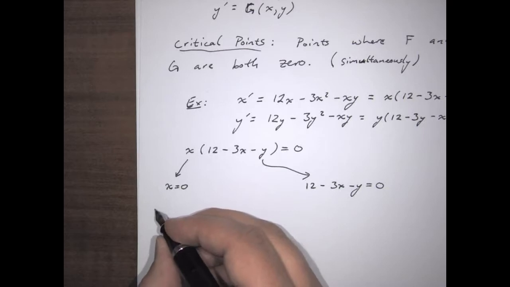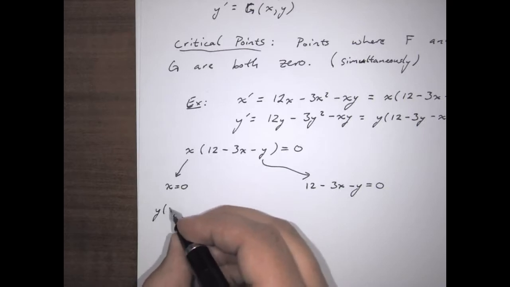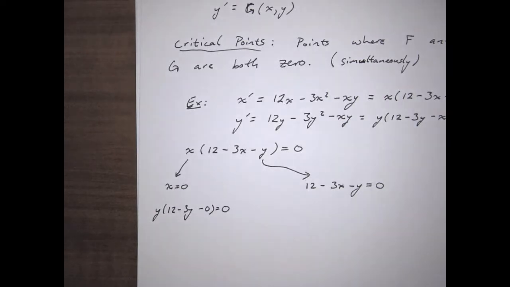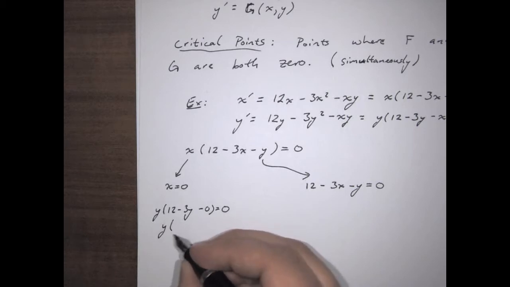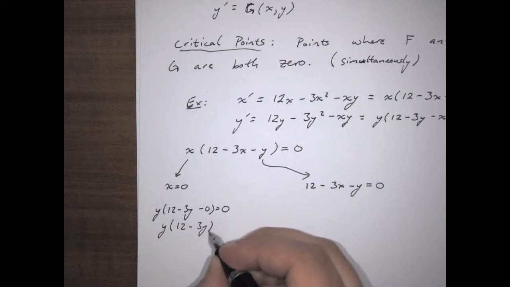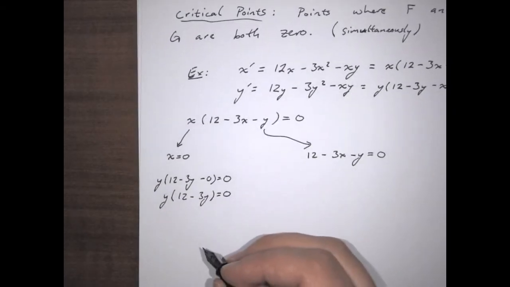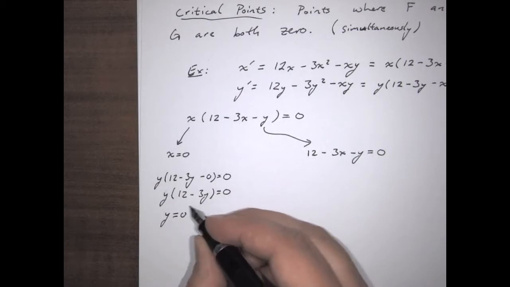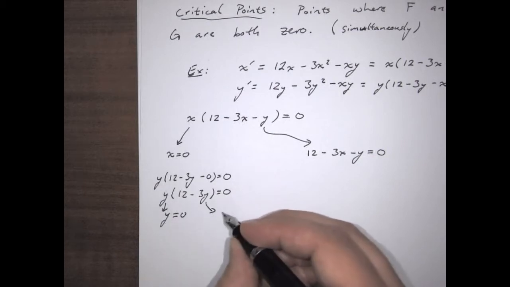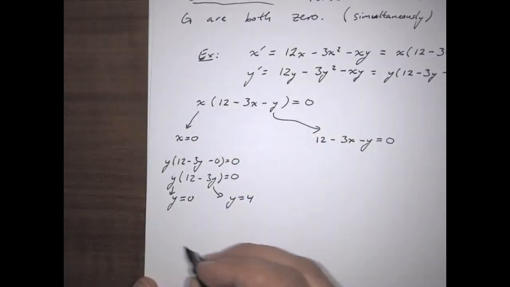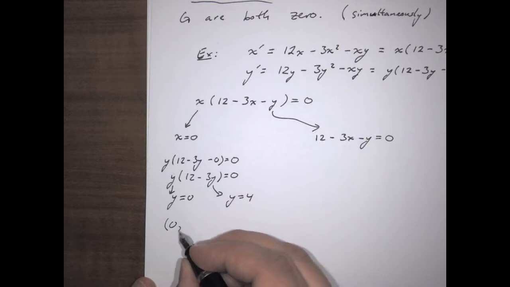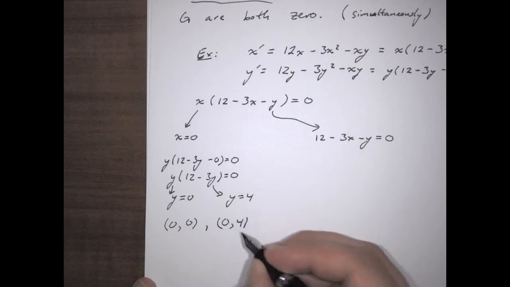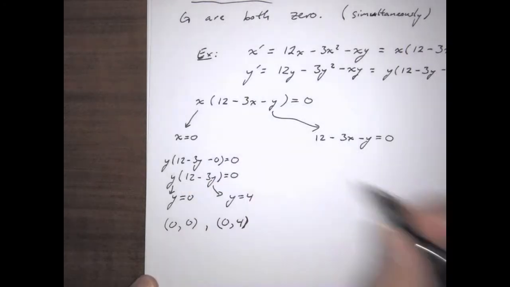What that's going to mean is that we're going to have y times 12 minus 3y minus 0 equals 0. In other words, y times 12 minus 3y equals 0, which gives us the two possibilities that y could equal 0, or y could equal 4. So now these were both under the umbrella of x equaling 0, so (0, 0) and (0, 4) are going to be the two possibilities that came from x equaling 0.